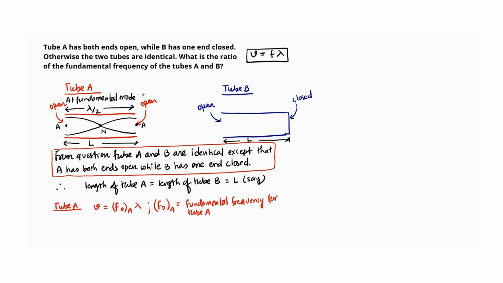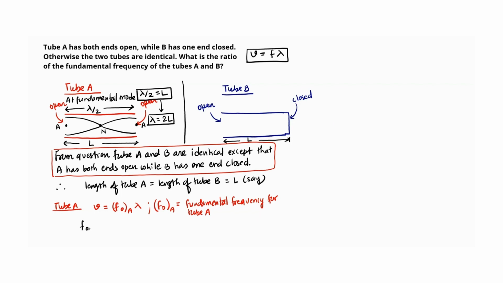So we have lambda by 2 equals L, that is the length of the tube. Therefore, lambda equals 2 times the length of the tube. Clear?